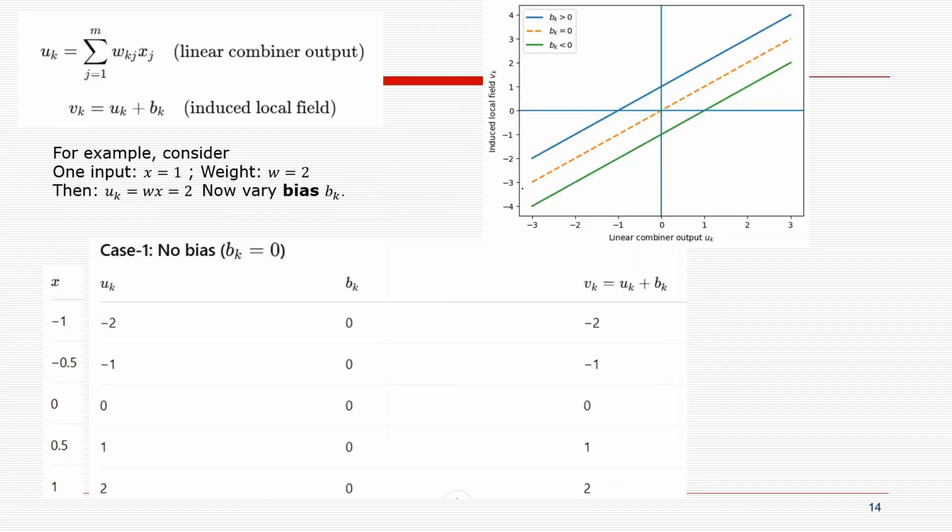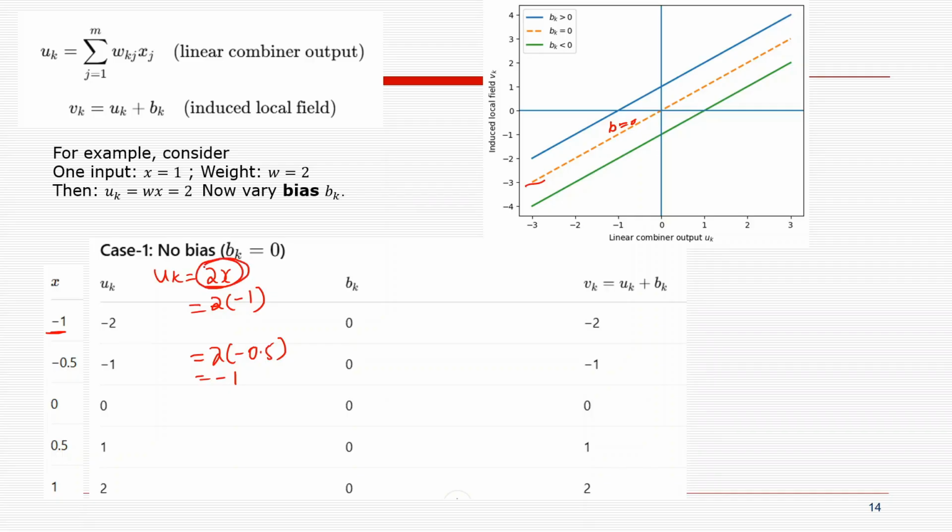Basically, we want to understand why, if B is equal to 0, the line passes through the origin. Say if x was minus 1, UK is nothing but 2x, therefore it becomes 2 into minus 1, which is minus 2. If my input is minus 0.5, then the output will become minus 1, because UK is 2x.